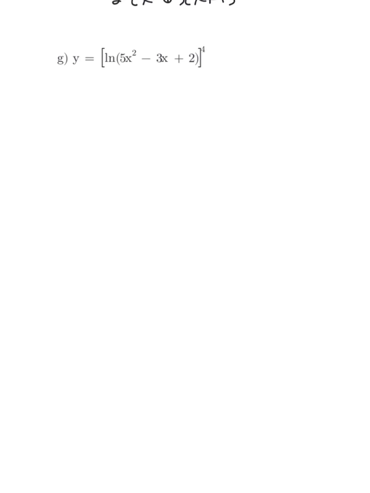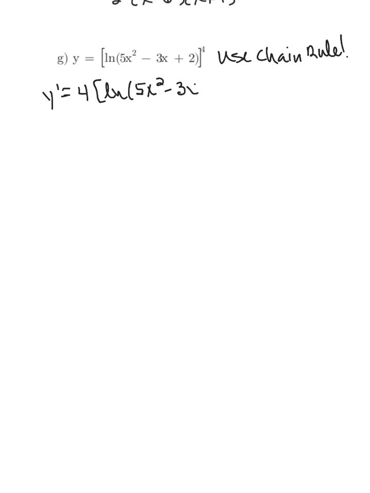So because of that, we are going to have to use the chain rule. We haven't done that for a while, so it's going to be a little bit of review here. The chain rule says, take the power that's outside the entire function and drop it to the front. Leave the inside the same. So nothing inside is going to change.